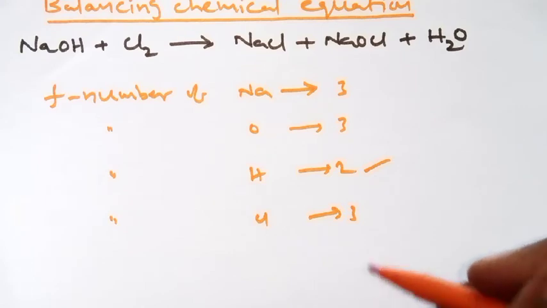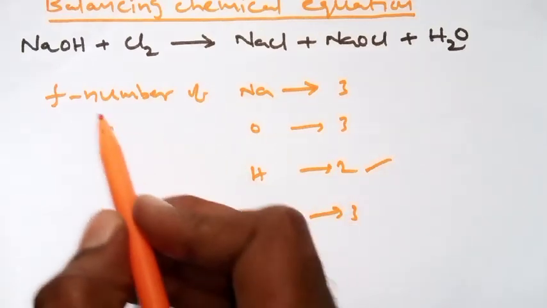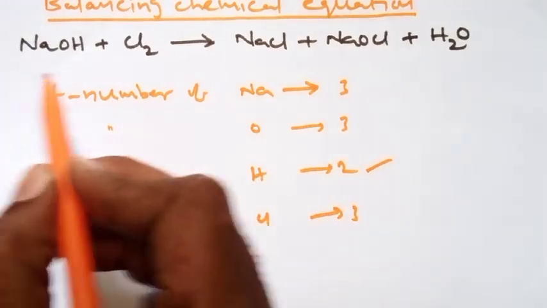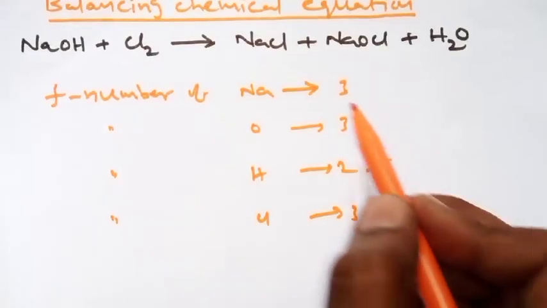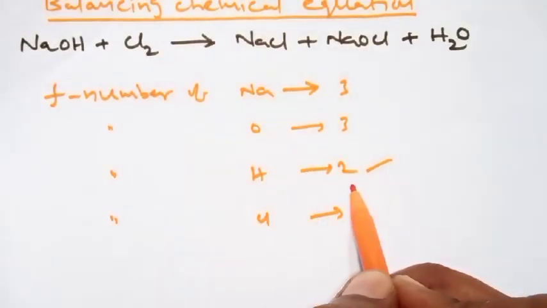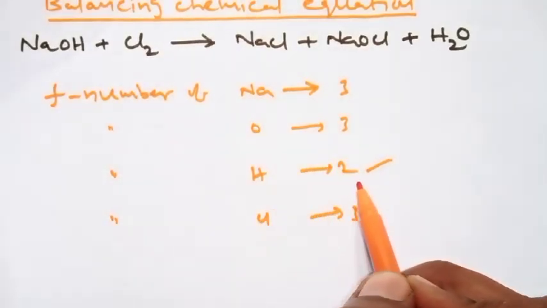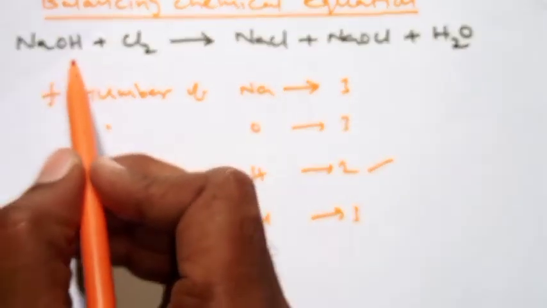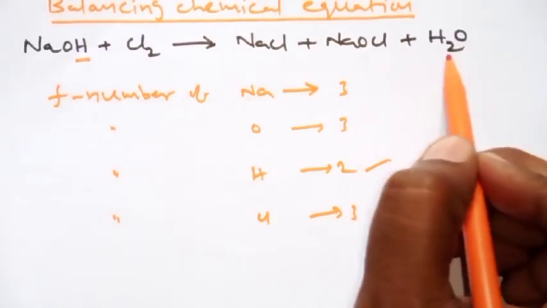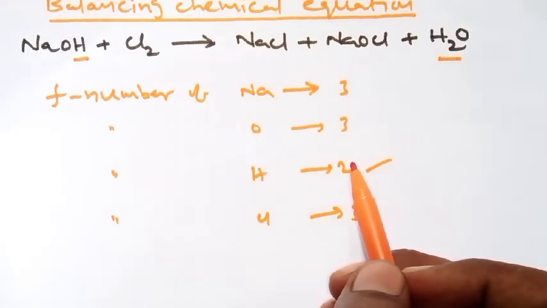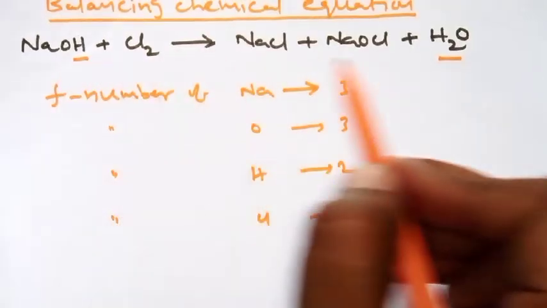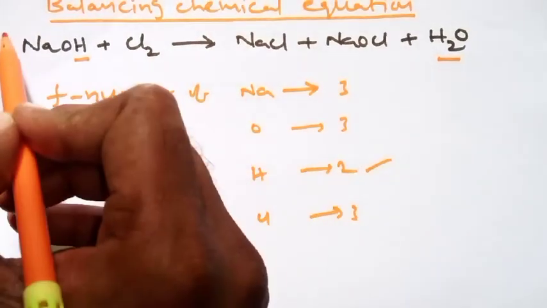Is it clear? So this is rule 1. As per rule 1, we wrote the frequency numbers. Now first balance hydrogen because its frequency number is 2, the least. See there, left side hydrogen 1, right side hydrogen 2. So what should we do? Put 2 here.